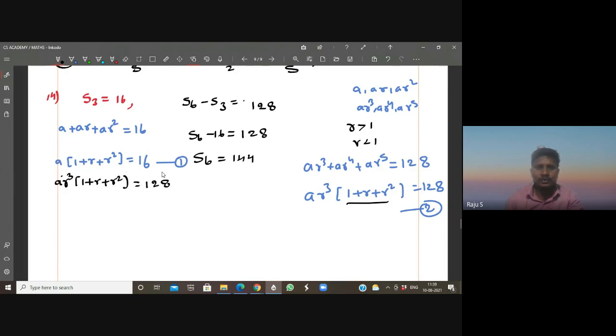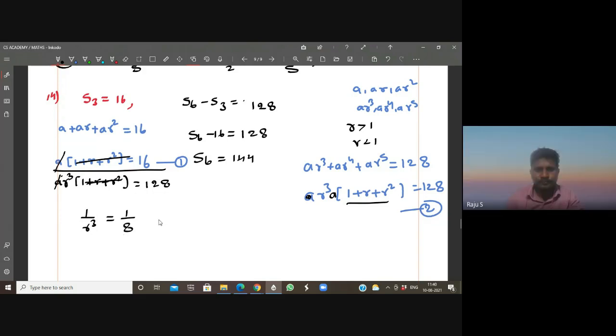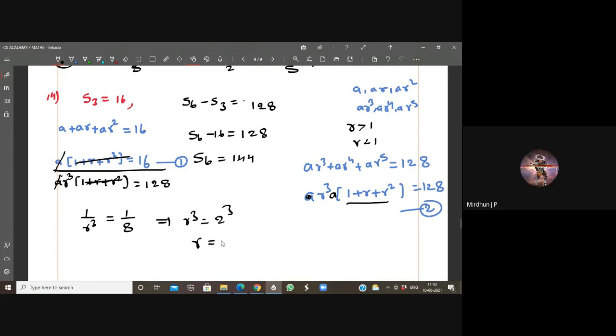You can substitute the value of A into 1 plus R plus R square as 16. So R cube into 16 is equal to 128. A gets cancelled. So 1 by R cube is equal to 16 by 128, which becomes 1 by 8, which implies R is equal to 2, sir.